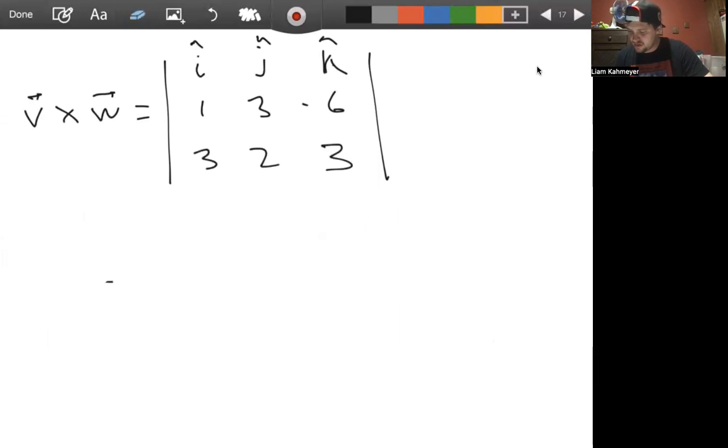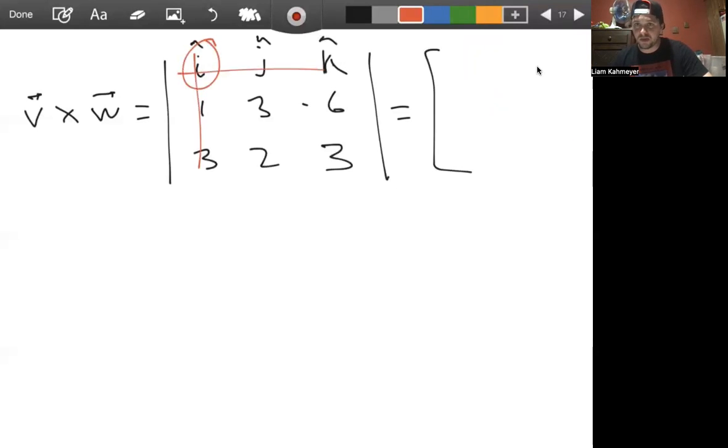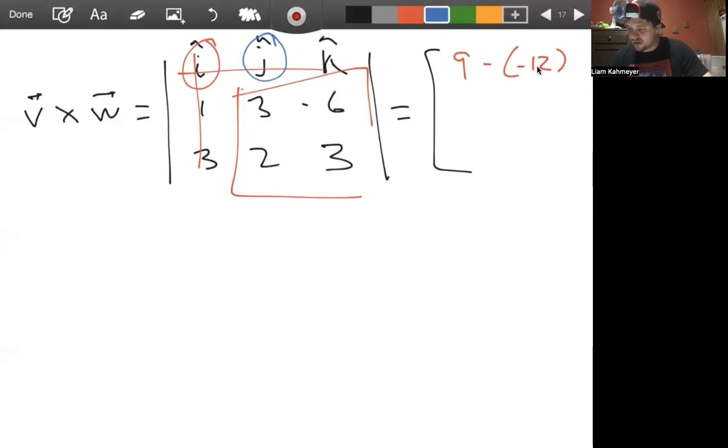The result is going to be, well, for the first component, just for review, we start with i hat, we block out the row and column that i hat belongs to, and then we compute the determinant of the resulting 2 by 2 matrix. So we would have 9 minus -12. And then for the second entry of our cross product, we block out the row and column that j hat belongs to, and then we take negative 1 times 3 minus -18, right?